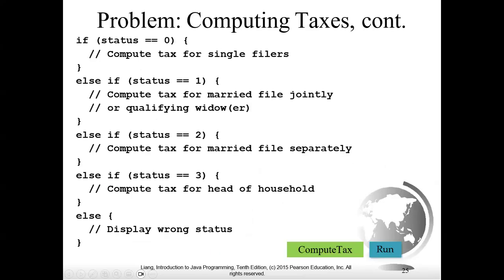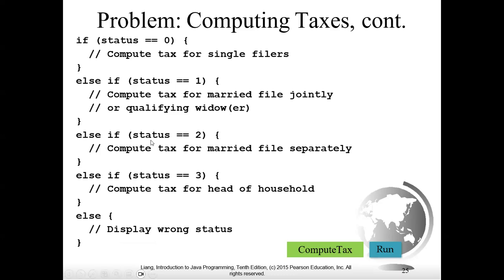And here, for the status, we assign the different categories using the numbers 0, 1, 2, 3, which map to, like, single here. The first one is computing for the single filer. The second one is for married filing jointly or qualifying widow.